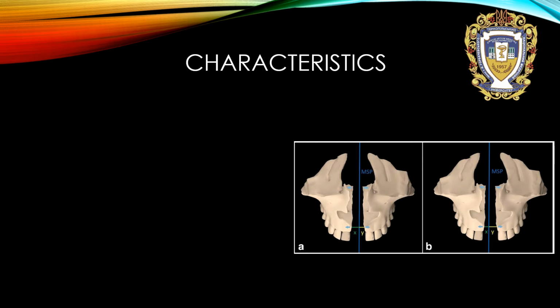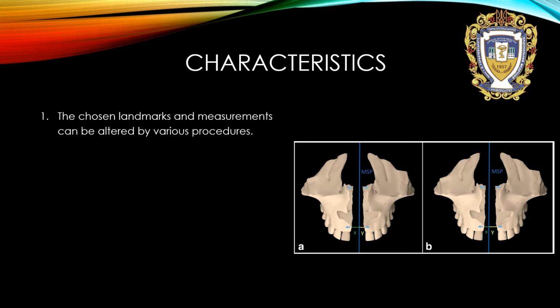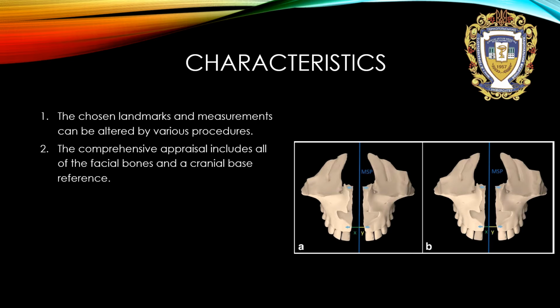And now, let's continue to talk about characteristics. First one: the chosen landmarks and measurements can be altered by various procedures. The comprehensive appraisal includes all of the facial bones and the cranium base reference.